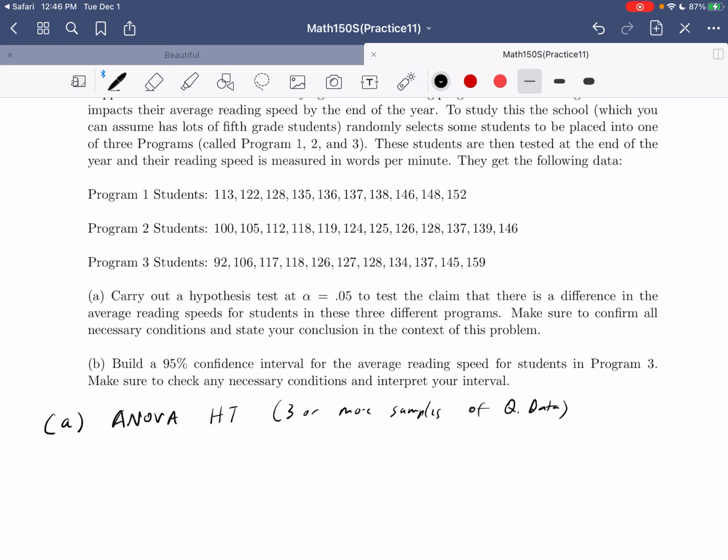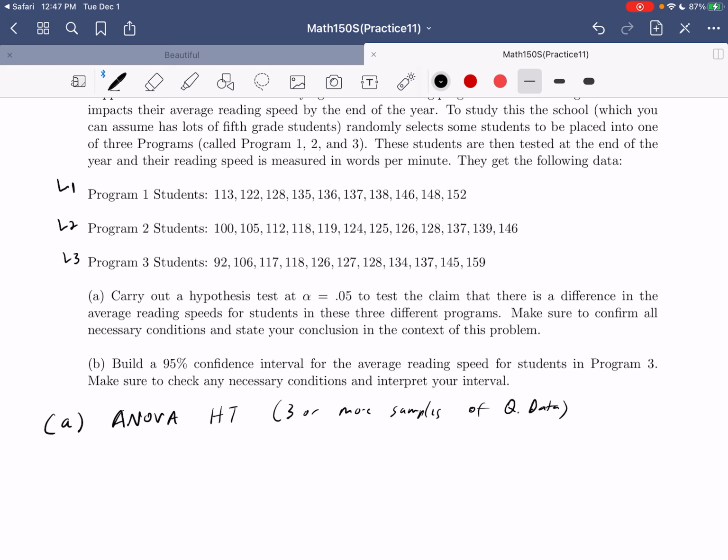That also means that we probably know we're going to need to calculate things like the average and standard deviation, and we're going to use our calculator to take care of the test. So now is not a bad idea to go ahead and pop this data into L1, L2, and L3. So I'm just going to go ahead and do that real quick. Probably a good idea to go ahead and follow along as well. So in L1, we'll put all the Program 1 students, so 113, 122, 128, 135, 136, 137, 138, 146, 148, and 152.